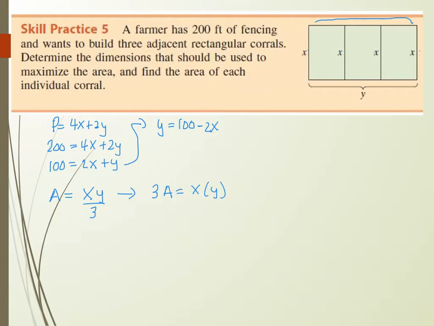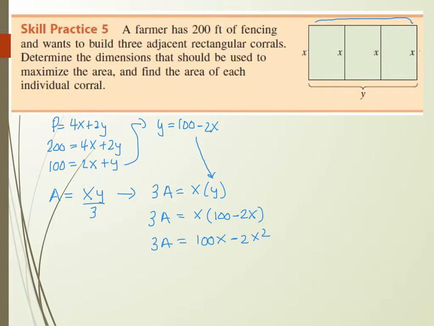Well, now what can we do? We can plug this in for y, and we have 3 areas is equal to x times 100 minus 2x, and now the 3 areas is equal to 100x minus 2x squared.